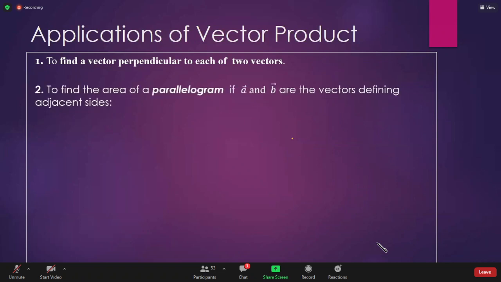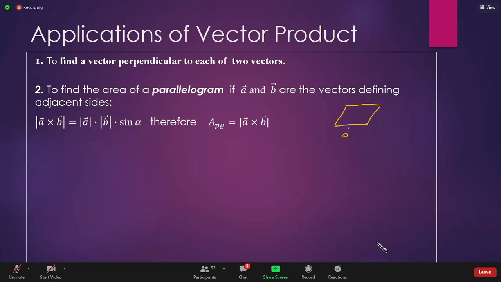Then next, to find the area of a parallelogram, if A and B are the vectors defining adjacent sides. Suppose we have this parallelogram, and the vectors A and B define adjacent sides, and the angle between these two vectors would be alpha.